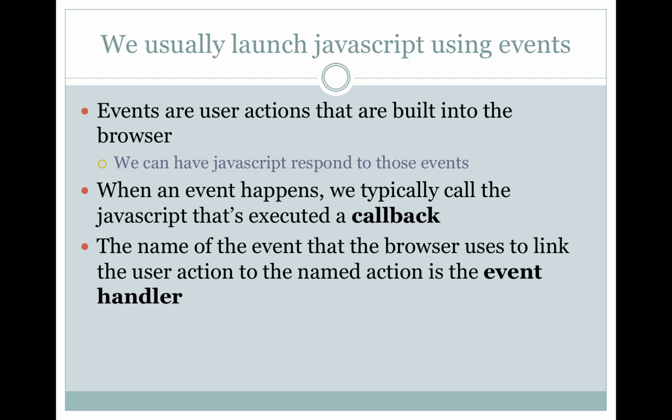So some of the ones that happen a lot are we usually respond to clicking or the mouse moving. So we have different events for dealing with that. So if something is clicked on, we actually get three different events that fire, and all three of them happen. So we get our mouse down event, which is when the user pushes the mouse button down. We get a mouse up event when the user lets it go.